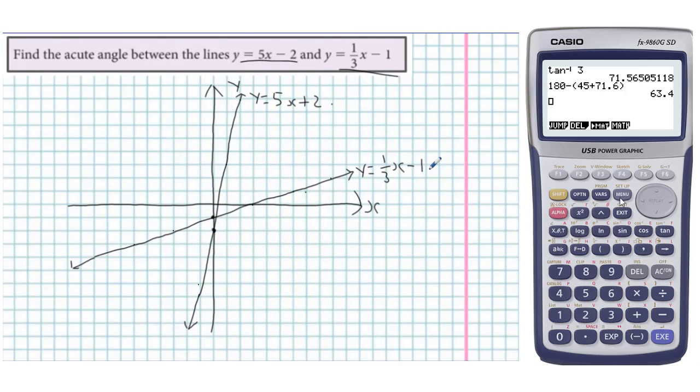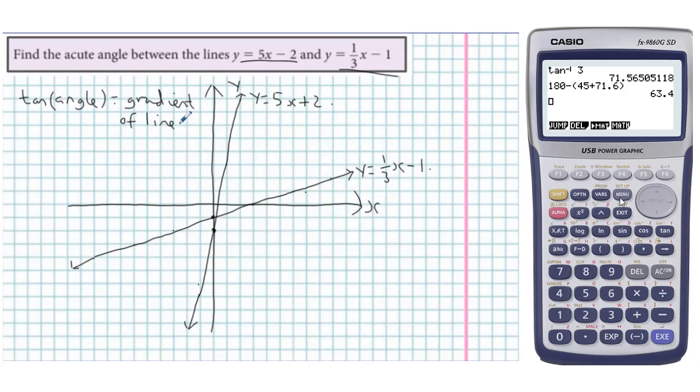So now the angles we are able to work out, and remember we're using tan of the angle equals gradient of the line. When I say angle, it's the angle that it makes with the x-axis.